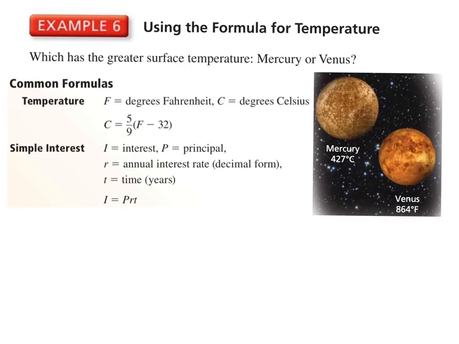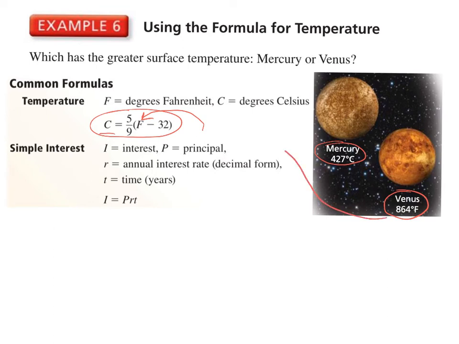Using the formula for temperature, which has the greatest surface temperature, Mercury or Venus? Okay, so here I'm going to use this formula here. They give me the temperatures in different units. One is Celsius, one is Fahrenheit. Since I have this formula where I could just plug in Fahrenheit and then convert it into Celsius, that's what I'll do.